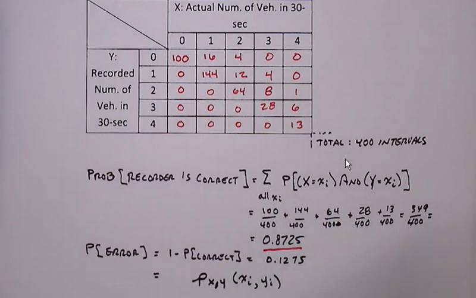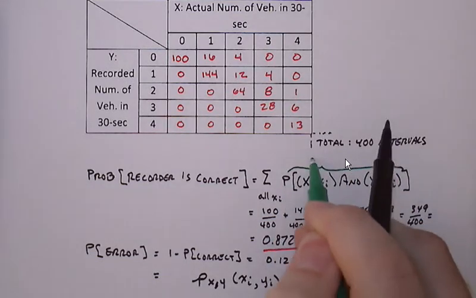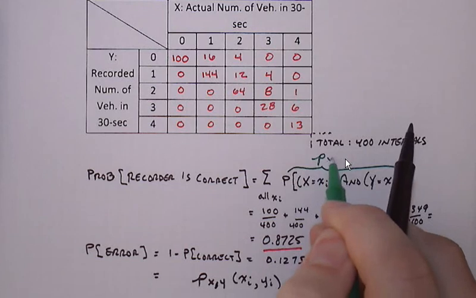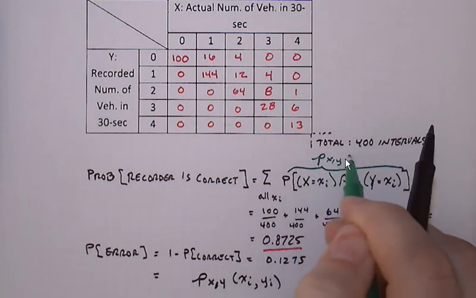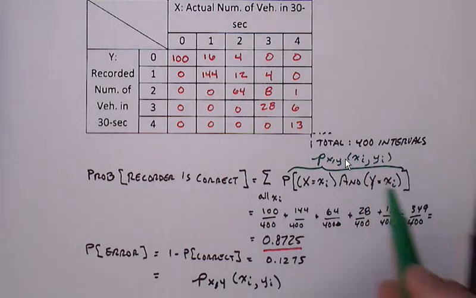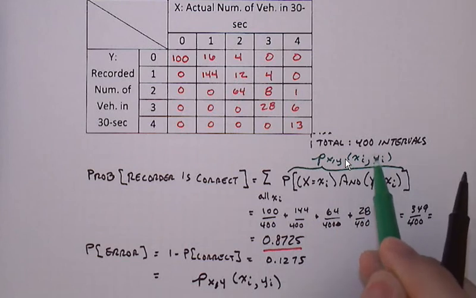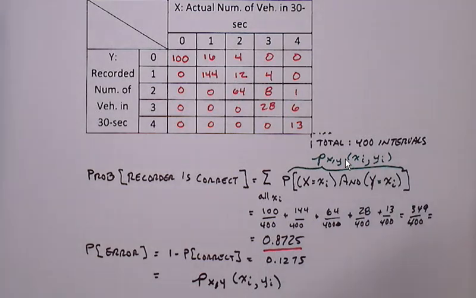That's really what we had up here before, that this was our joint probability mass function. In general, that would be xi and yi. For this very specific case, the y was equal to xi, so you would substitute in the xi right in that particular spot.